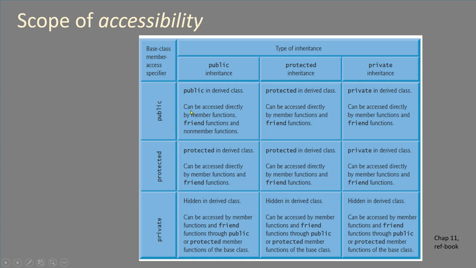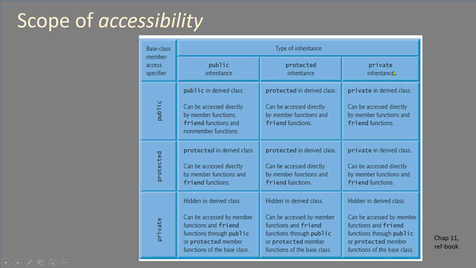These can be accessed directly by member functions inside the class, and outside by friend functions and non-member functions. For the public members of the base class, if the child class has been inherited through a protected access specifier, these public members behave just like the protected members of the derived class. They can be accessed directly by member functions and friend functions inside the class, but they cannot be accessed outside the class. If you want to access them, you have to use functions for that.